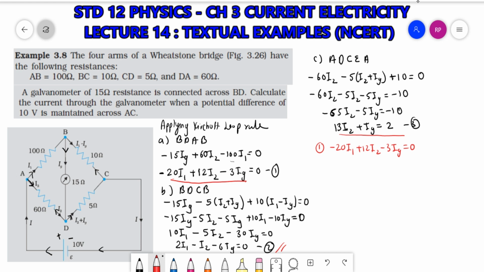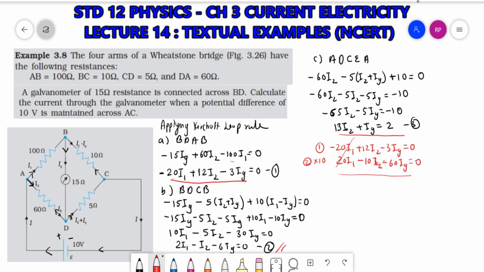Okay, so multiplying equation 2 by 10, 20 I1 minus 10 I2 minus 60 IG equal to 0.